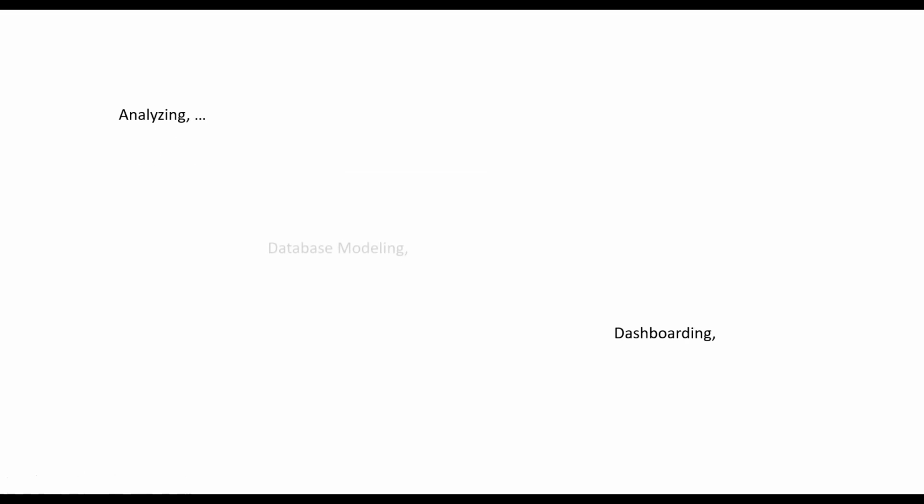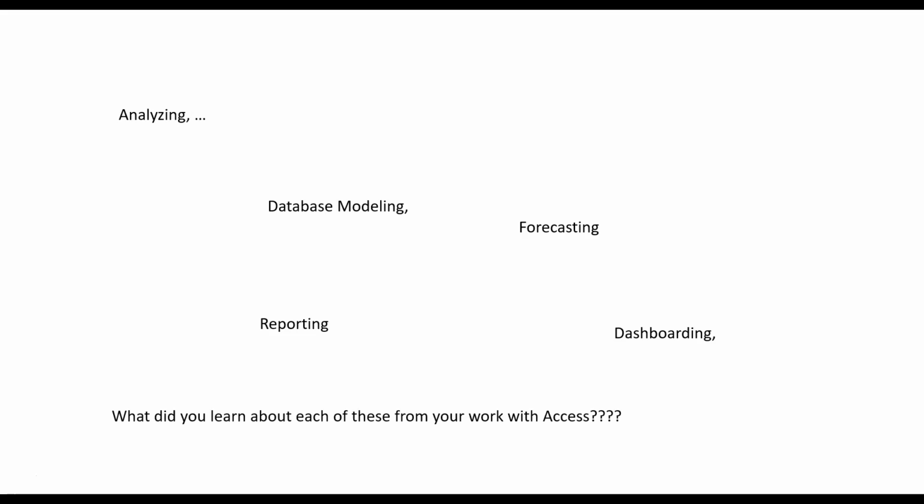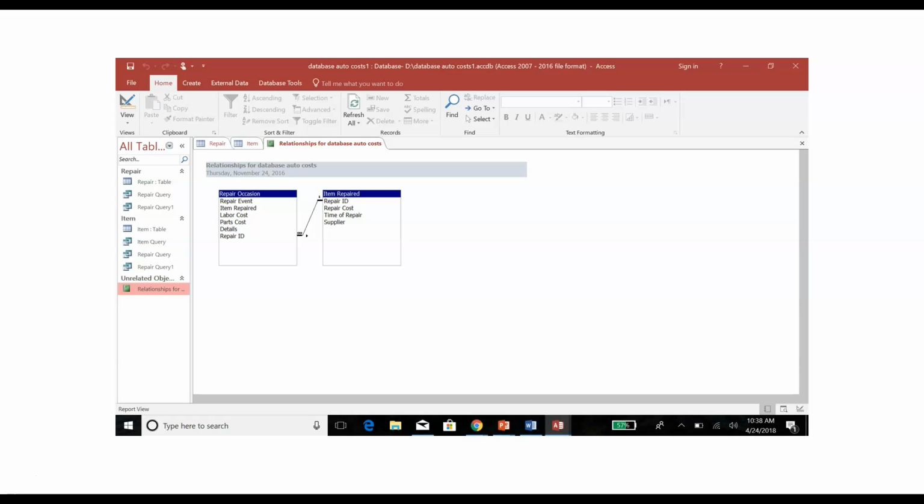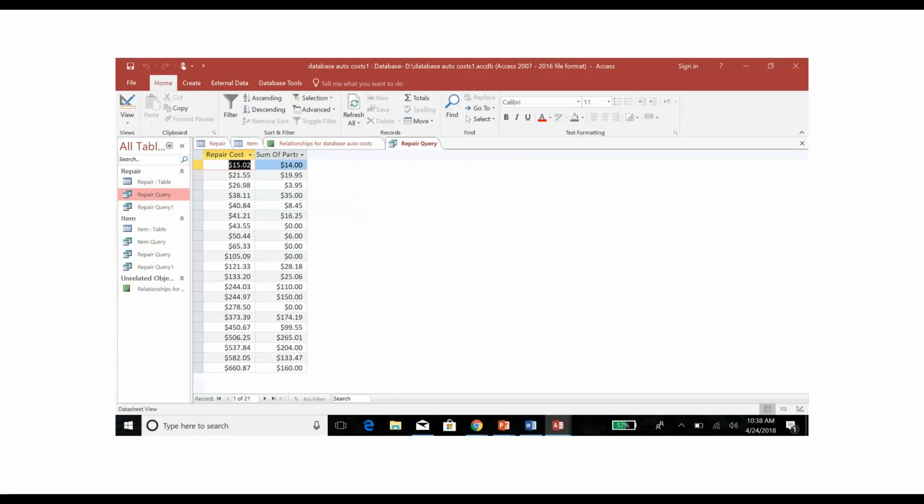Okay, so we've talked about, kind of summarizing now, everybody, these kinds of things here today in this lecture. And I want you to think back to all the work you put in on Microsoft Access. You did a number of these things. Here is database modeling, relating your two databases for a relational database.